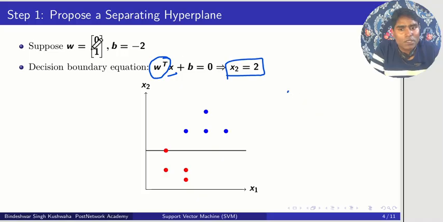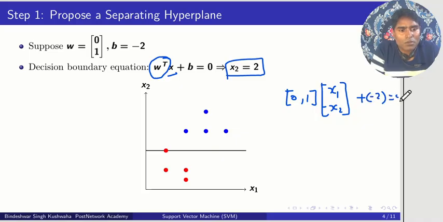This is a column vector, so we will get a row vector, that is 0, 1, multiplied by x1 and x2, which is also a column vector, plus -2, equals 0.